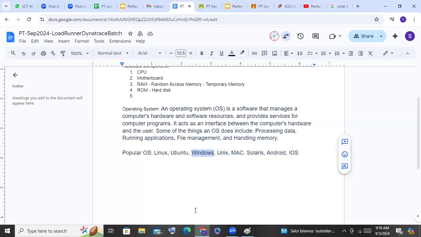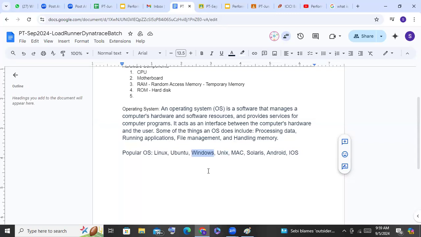So basically we have this Windows operating system. There are several versions of the Windows operating system again. What is the latest Windows operating system out there in the market? Windows 11. Now, what are the previous versions?